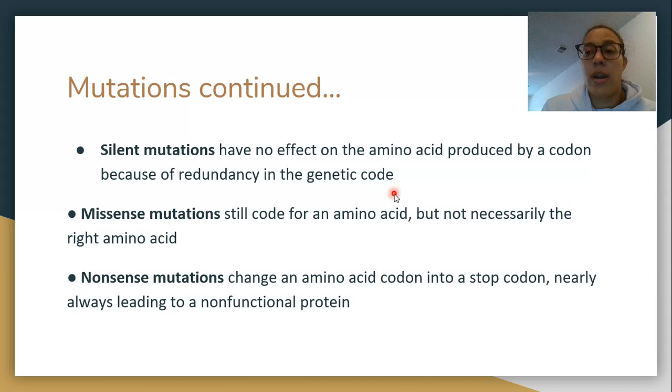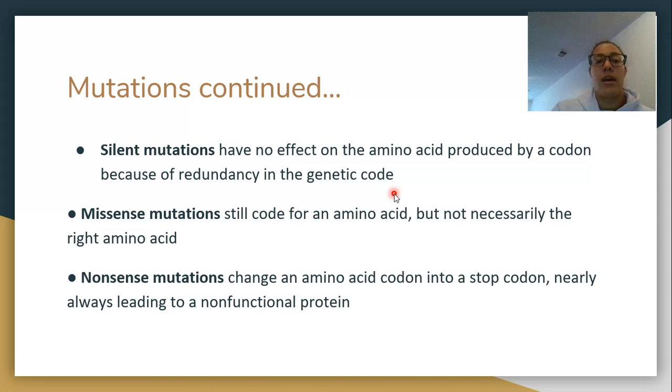Because there are 20 different amino acids out there, they have a whole range of codes associated to them. It's possible that you still get the right thing, which is really cool, that we can still have some errors, which make us unique, but not have an effect on our proteins.